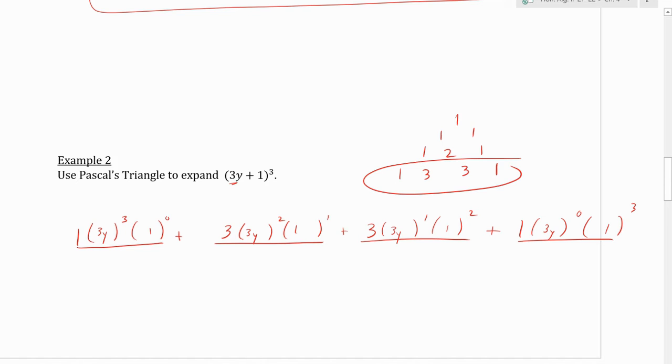So I take each of these individually, like 3 cubed, that's 27y cubed when I clean that term up. Plus, 3 squared is 9 times 3 more is another 27y squared, plus 9y plus 1.